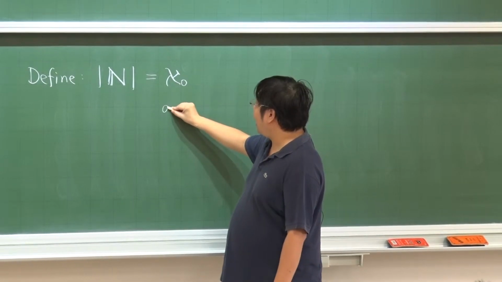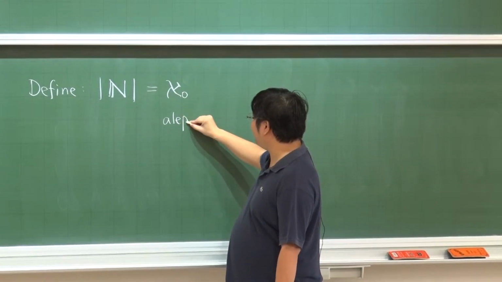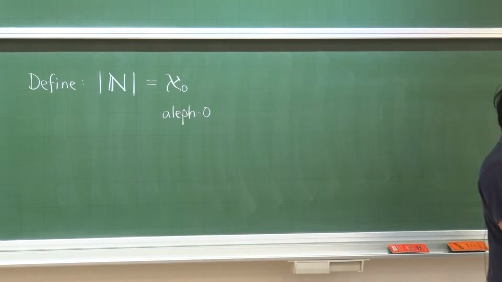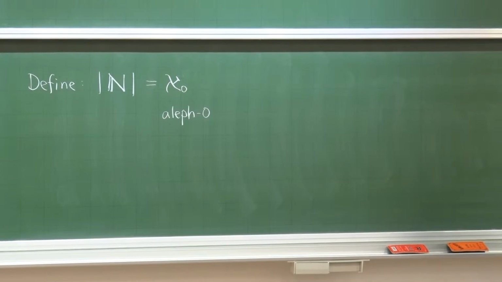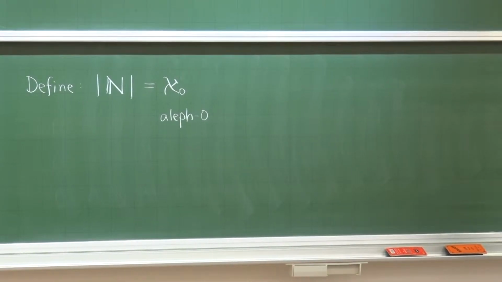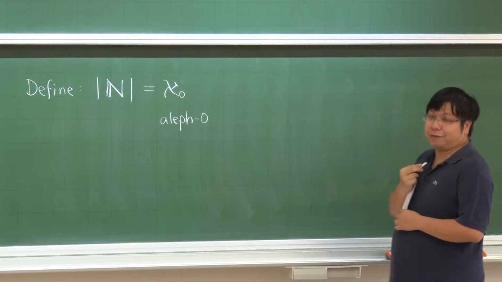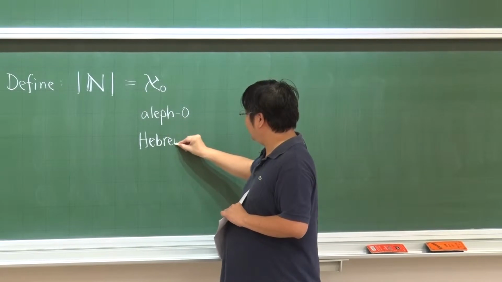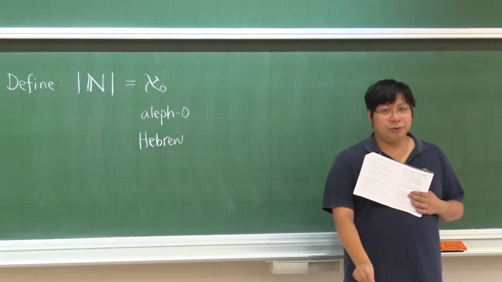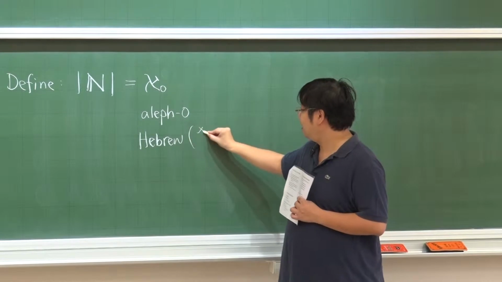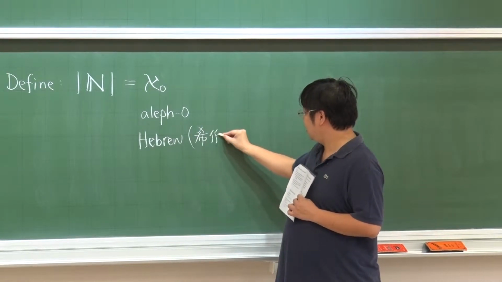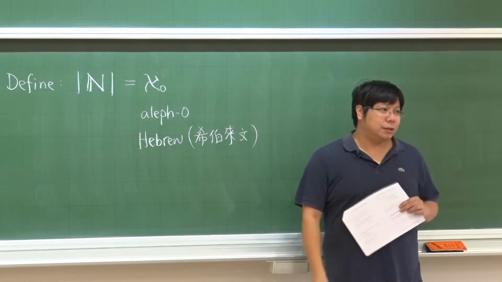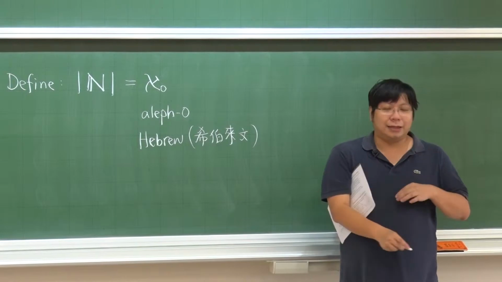This symbol reads as Aleph. So it is Aleph naught, or Aleph 0. So they call the size of the natural numbers Aleph 0. So what is Aleph? Aleph is a Hebrew letter. It is the first letter in the Hebrew alphabet.